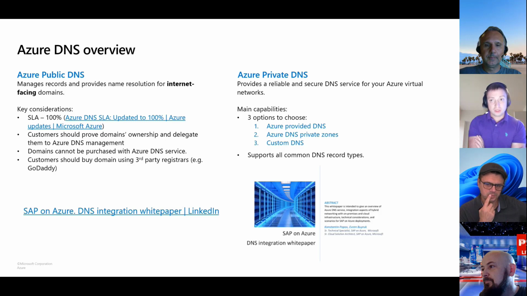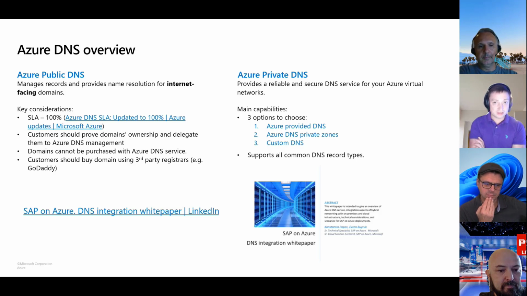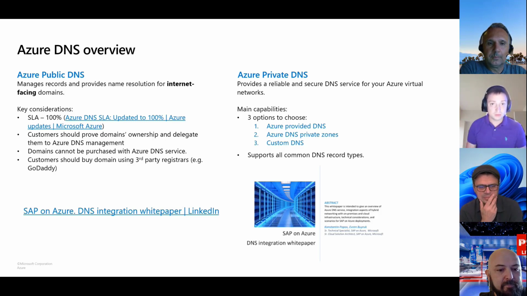Speaking about Azure, we can think of Azure DNS in two dimensions. The first one is Azure Public DNS, and the second is Azure Private DNS. Azure Public DNS manages records and provides name resolution for internet-facing domains like Microsoft.com, Google, Facebook, or Tesla.